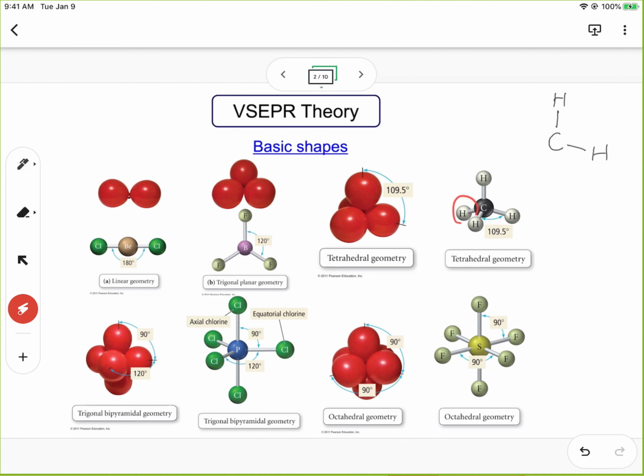For this hydrogen, since it's below the screen, we use a dashed wedge to present the position of the hydrogen behind the screen. And we use a solid wedge to indicate that this hydrogen is above the screen. This is how we use a dashed wedge and a solid wedge to indicate whether an atom is behind or above the screen or the paper plane.